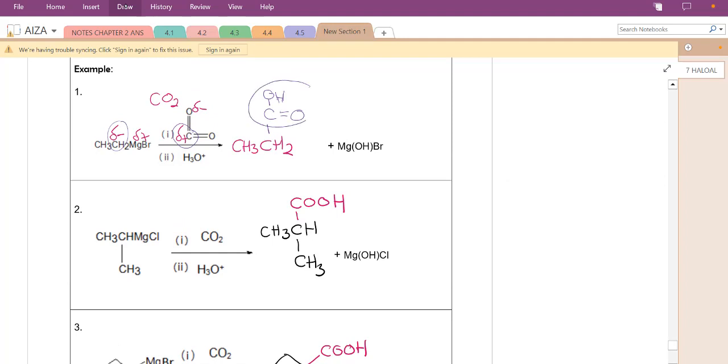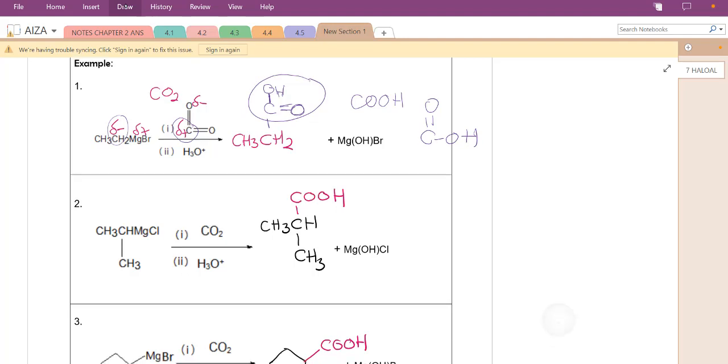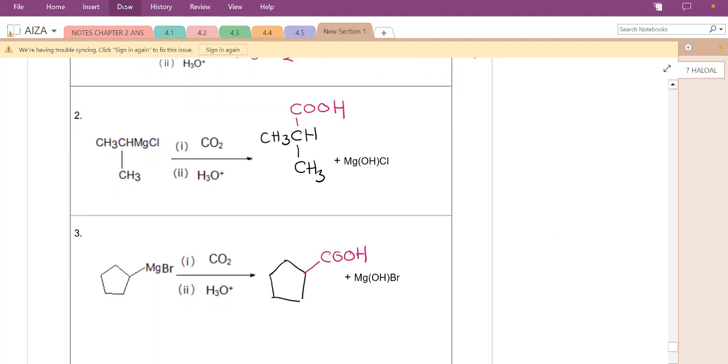Okay, so this is actually carboxylic acid. C double bond O OH. Okay, same concept, do it yourself.